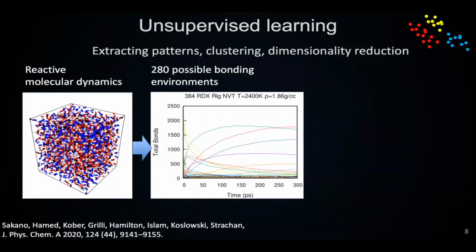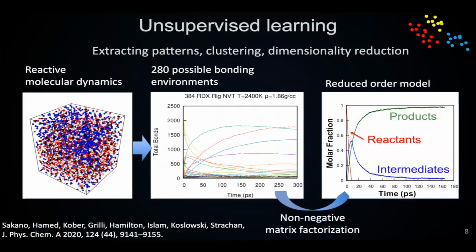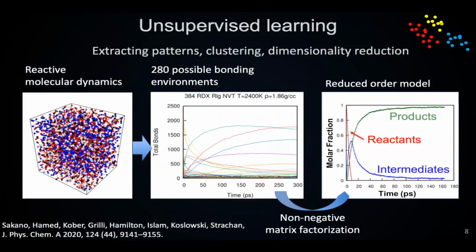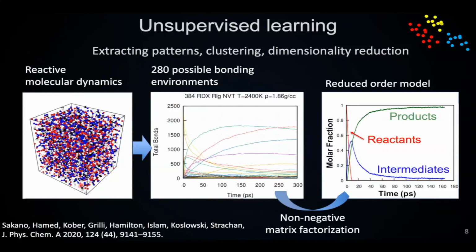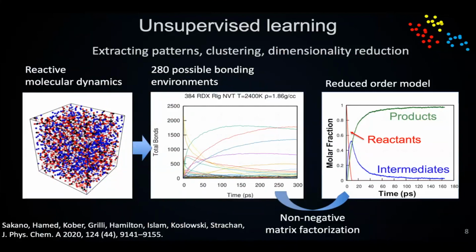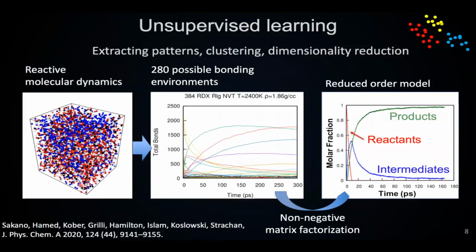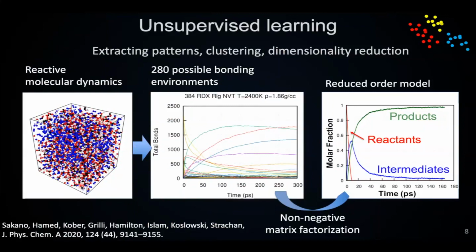And so we can use unsupervised learning, particularly a technique called non-negative matrix factorization in this example, to extract the main collective variables that describe the majority of what's going on with the fewest possible variables, okay?